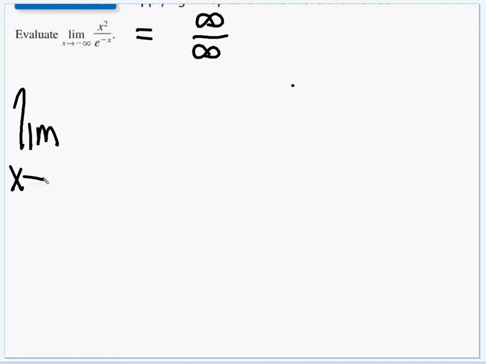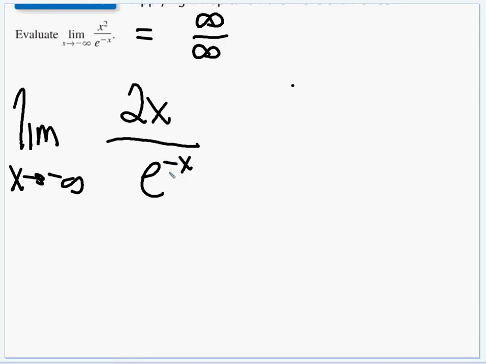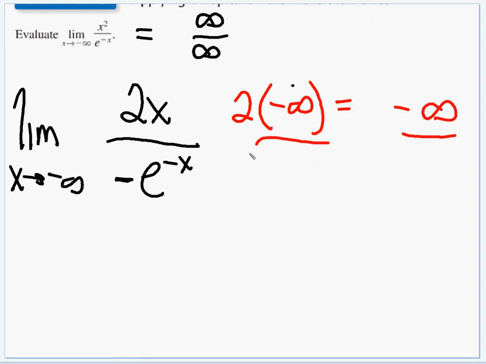So we are going to derive the numerator. That's the easy one. X squared derives to 2x. Denominator e to the negative x will derive to itself, but we are going to chain rule a negative 1 when we derive our inner function. So here's our derivative. Let's try direct sub a second time. So negative infinity goes up top. We're going to have 2 times negative infinity, and that's negative infinity.